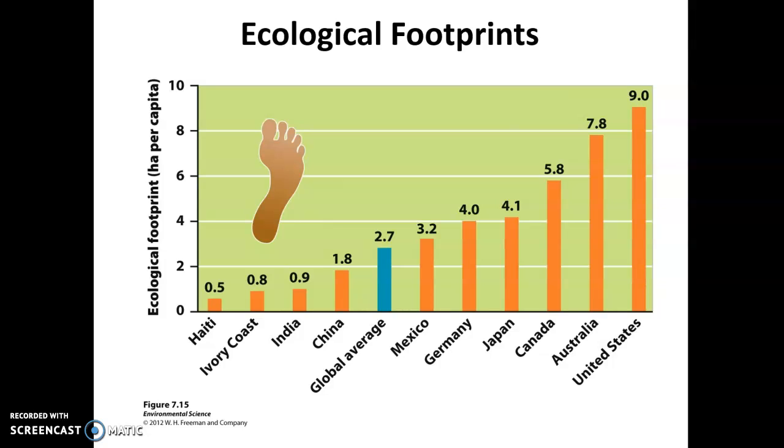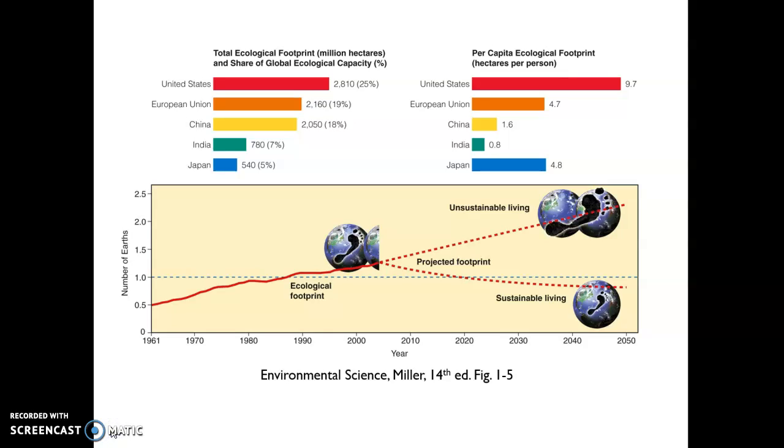But the other half of the picture that we have to look at, particularly in reference to India and China, is that even though their per capita footprint is low, their total footprint, because they have so many people versus these other countries, becomes quite high. So this graphic here has per capita ecological footprint on the right side, so that's per person.